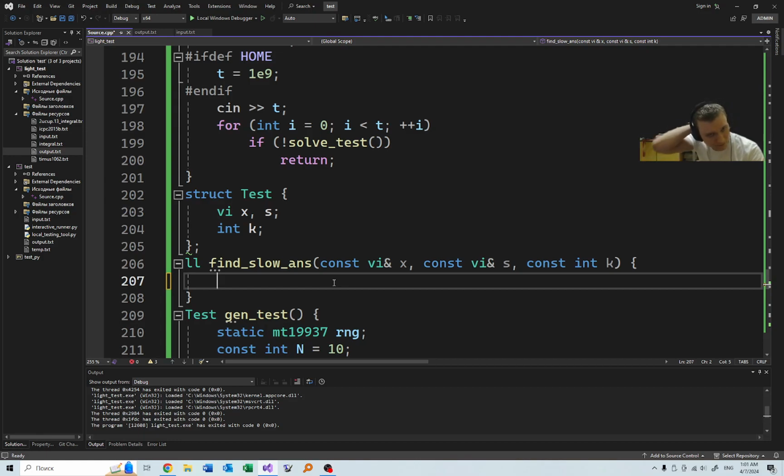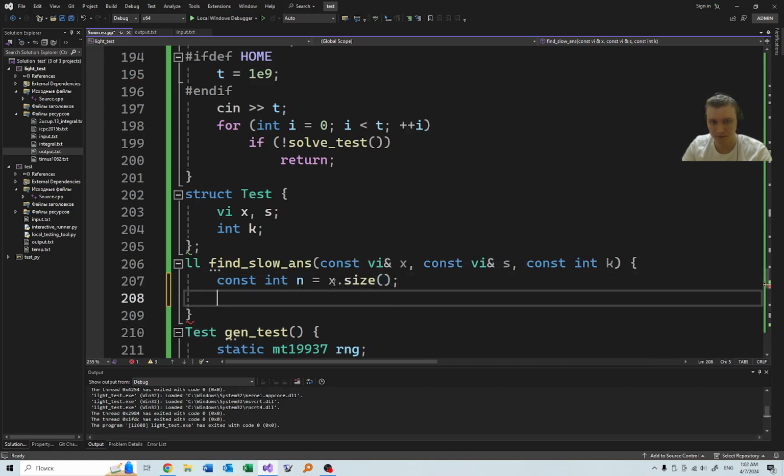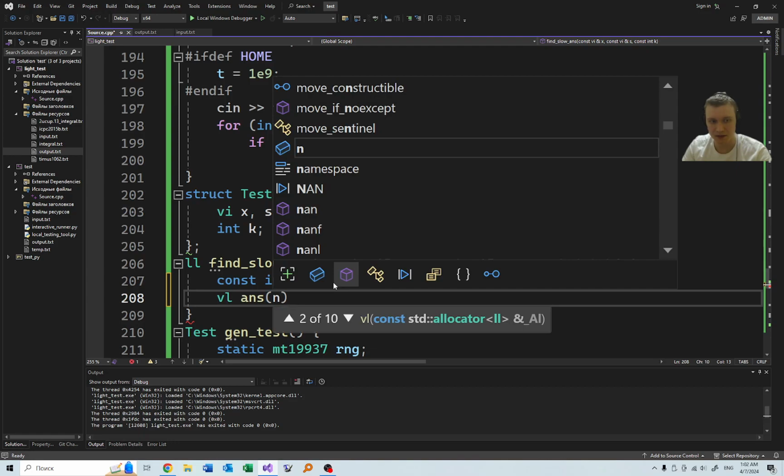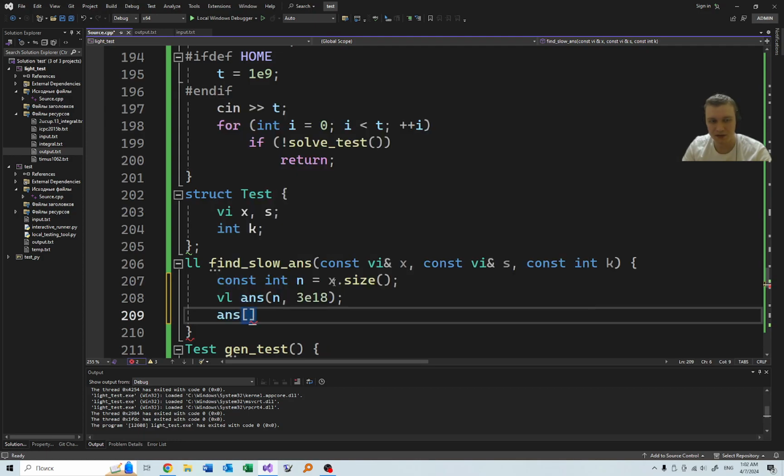Basically, we say val ans of size n, and initially it is infinity. But ans 0 is 0.